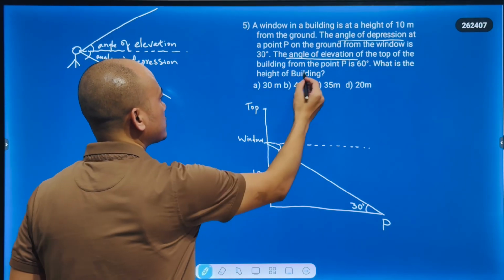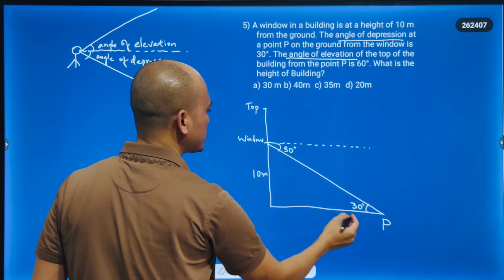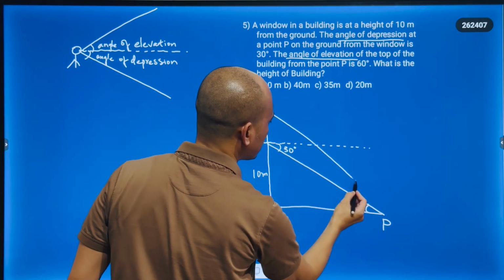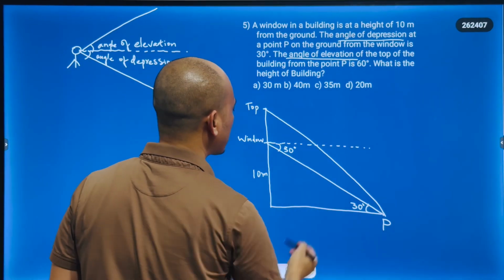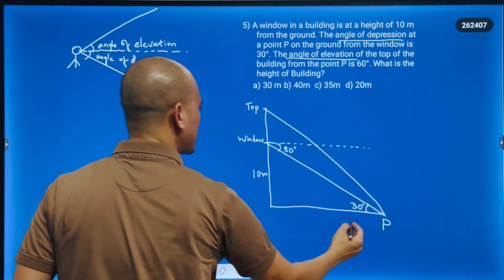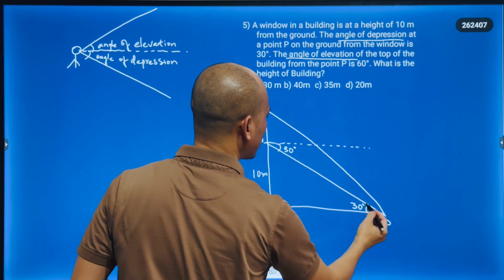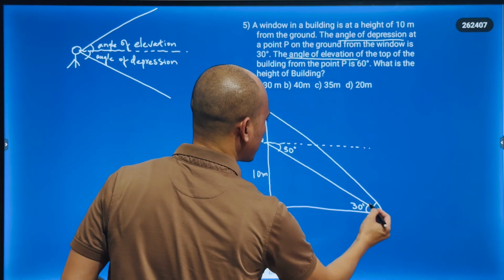So the angle of elevation of the top of the building from the point P is 60 degrees. Angle of elevation means going upwards, so from P going upwards an angle forms, and this angle is equal to 60 degrees.